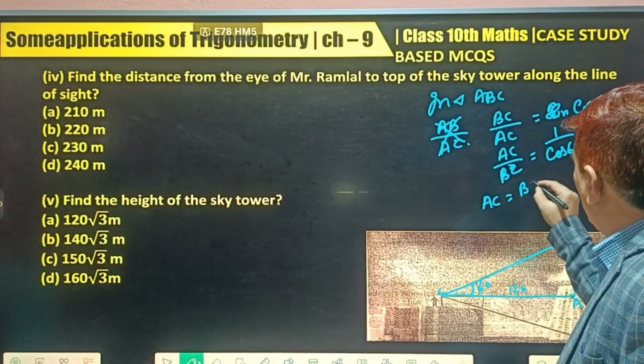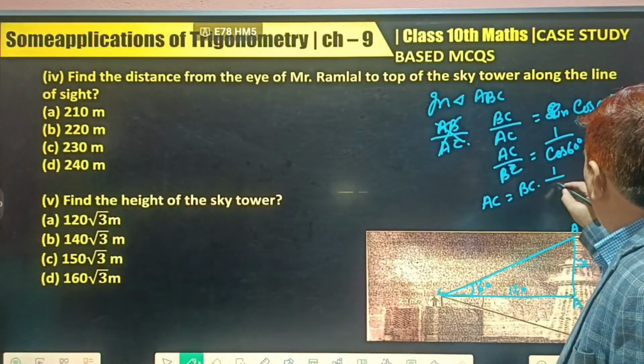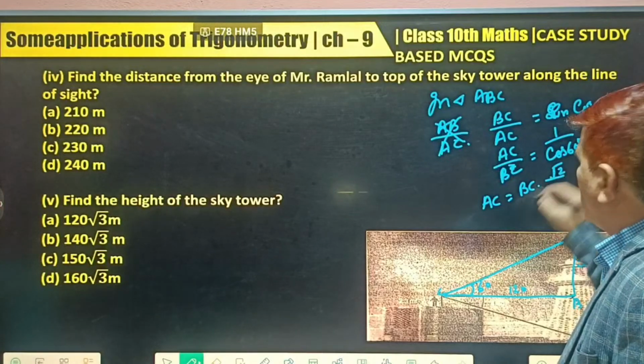AC equals BC into, 1 by 1 under root 2. So this is coming under root 2.